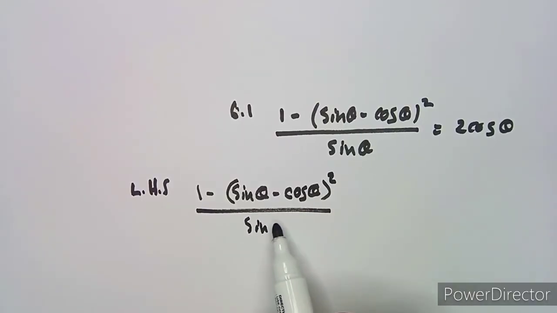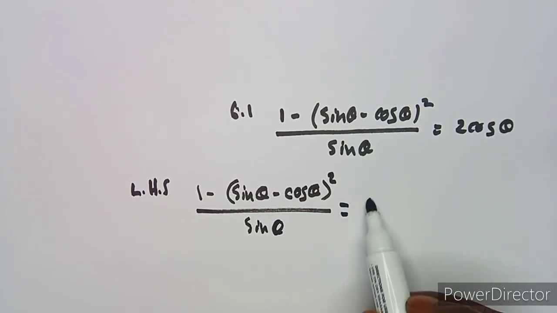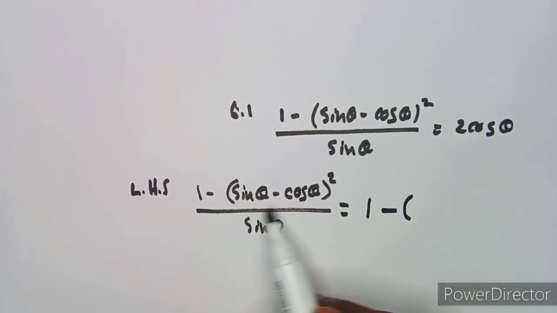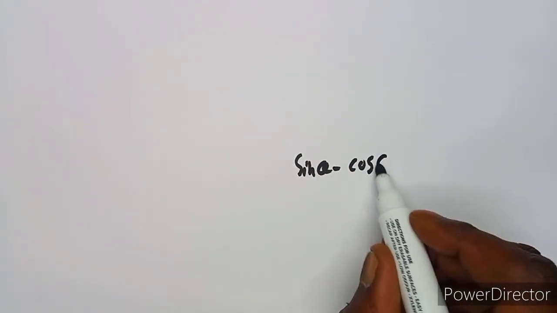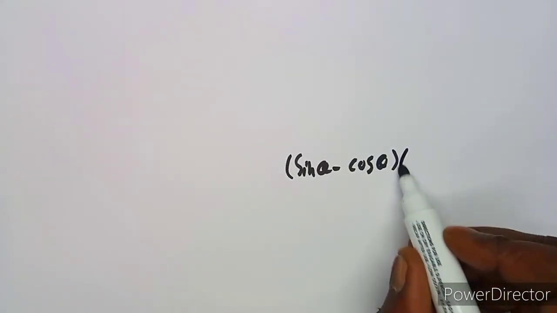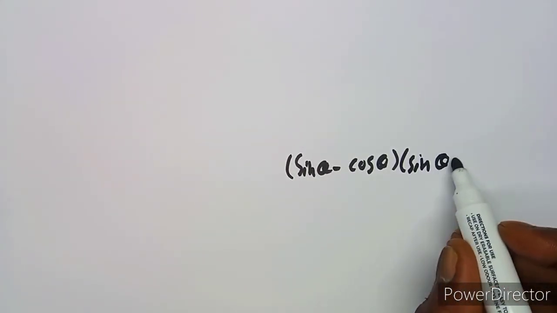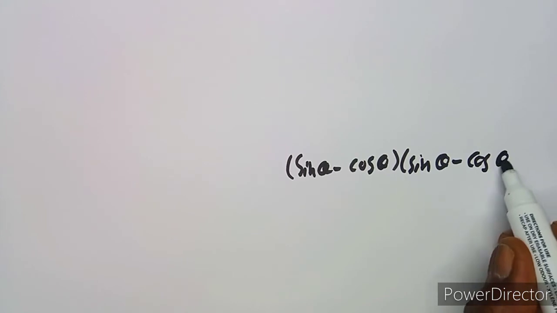So we're going to work from the left hand side, so it's going to be 1 minus, let's just expand this separately, guys. Yes, we can just use the identities to expand this one, but let's just expand like this.